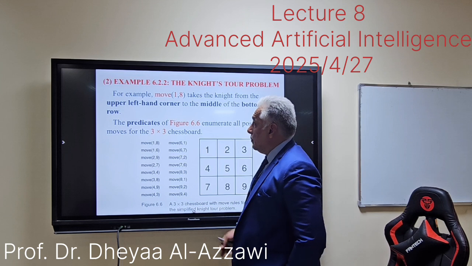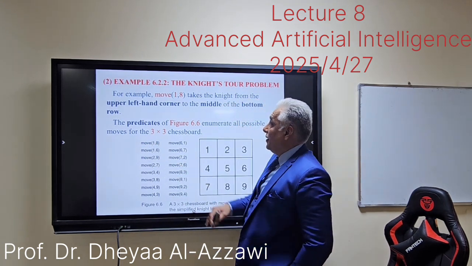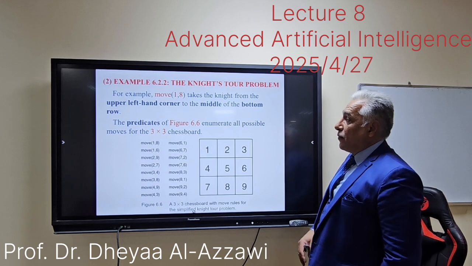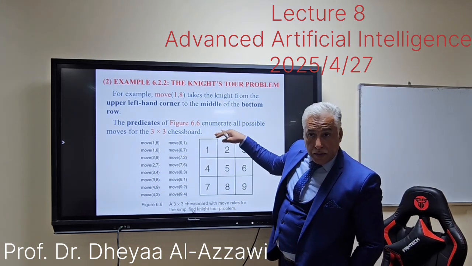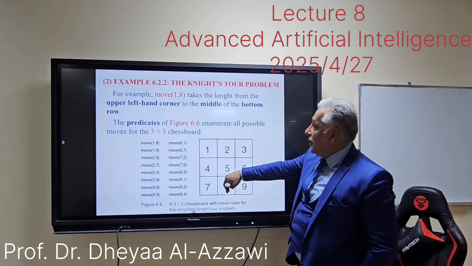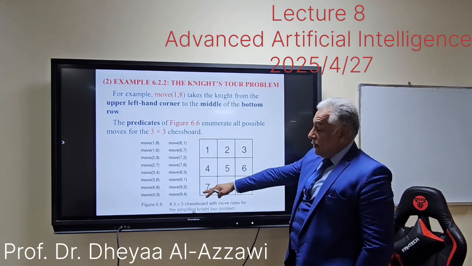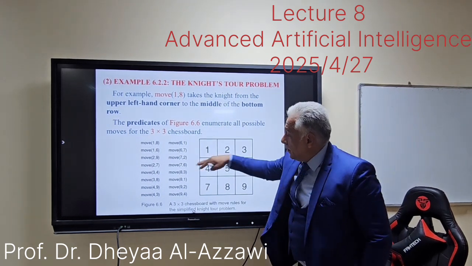For example, move(1, 8) takes the knight from the upper left corner of the chessboard to the middle bottom row, because we have column and row.